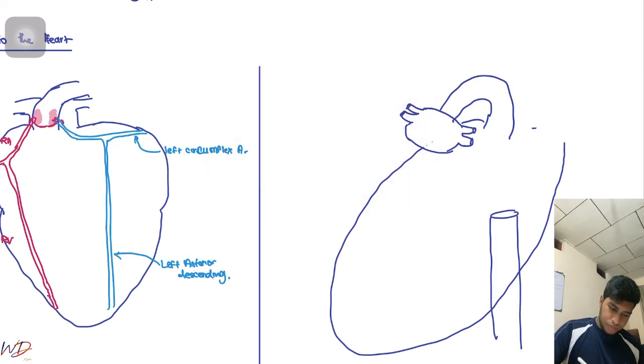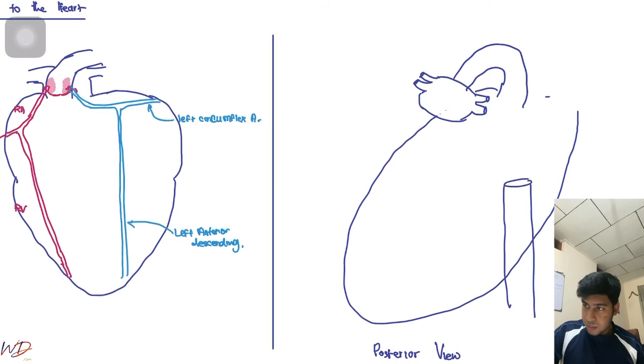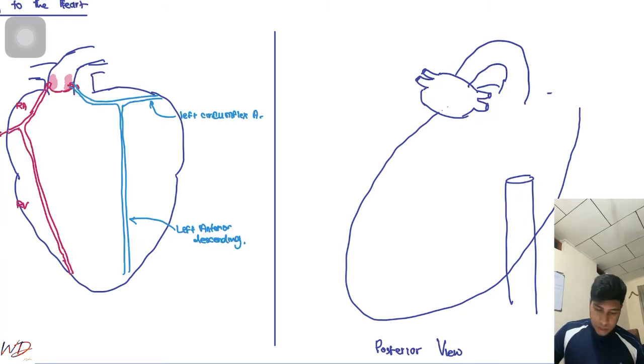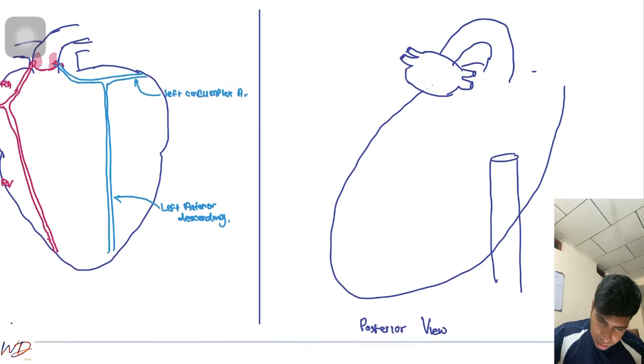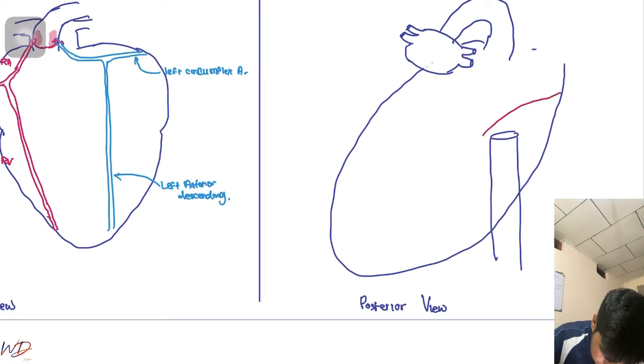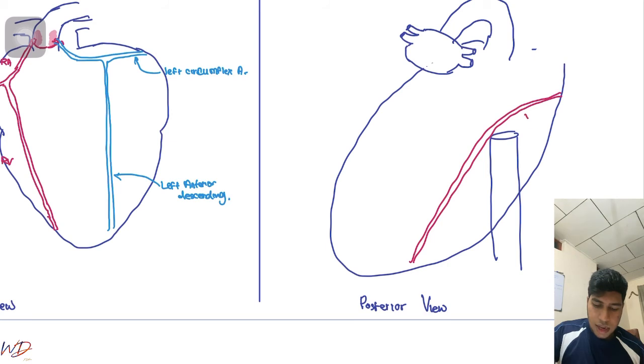Now, we'll follow the right coronary artery. The right artery comes to the posterior and descends downwards.